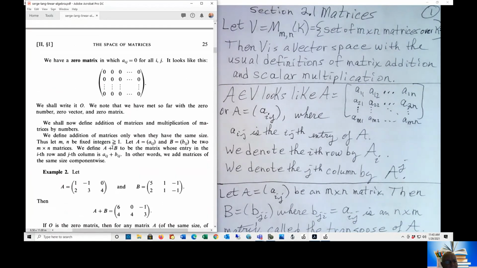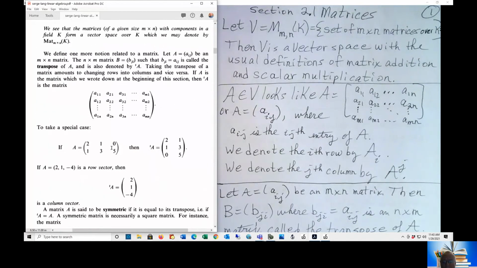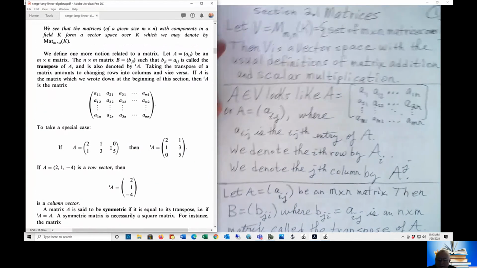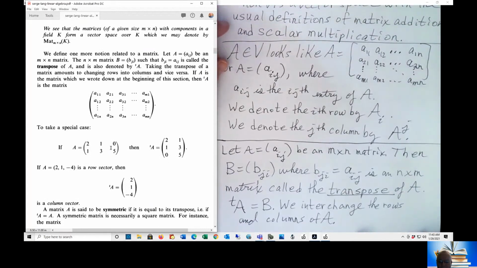Now, let A be an arbitrary m by n matrix, and then we want to define the transpose of A. So let's look at that. Let A be an m by n matrix.